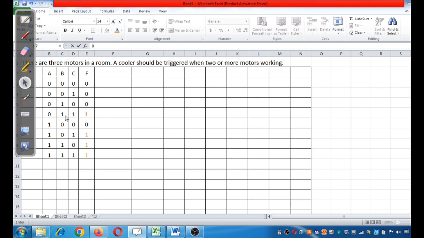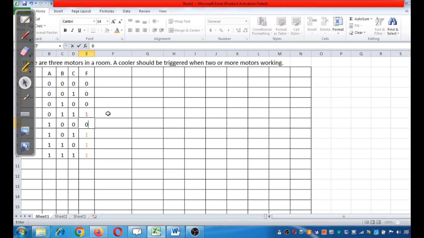Okay, in this truth table, for this combination 0, 1, 1, the output is 1. So we have to define a term which will produce a logic high only for the combination 0, 1, 1.